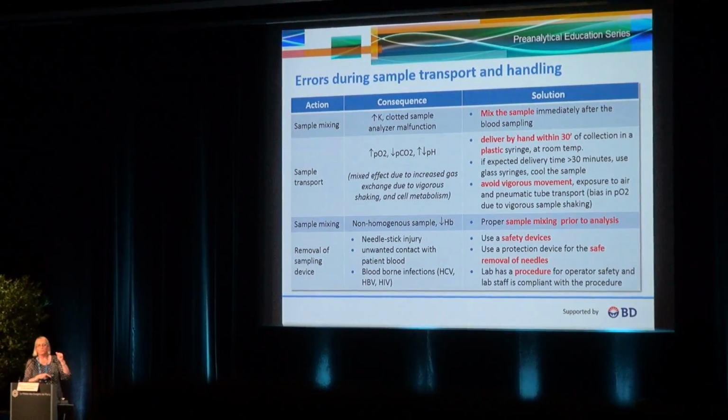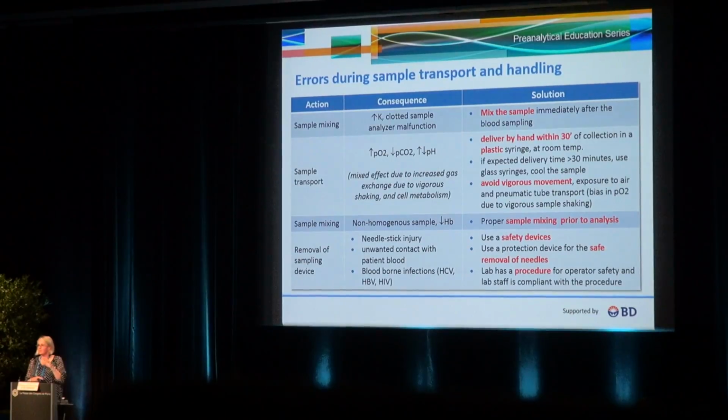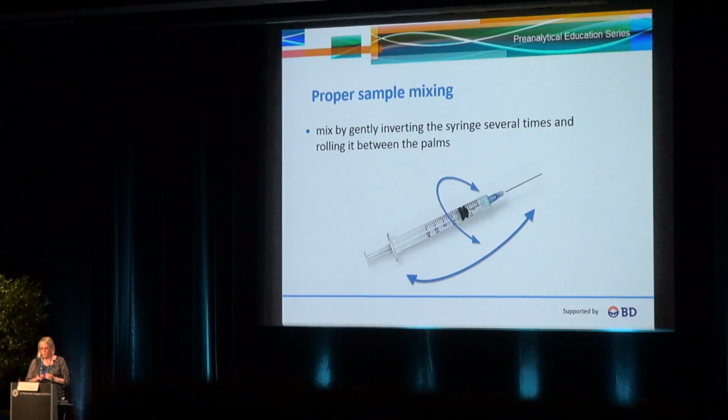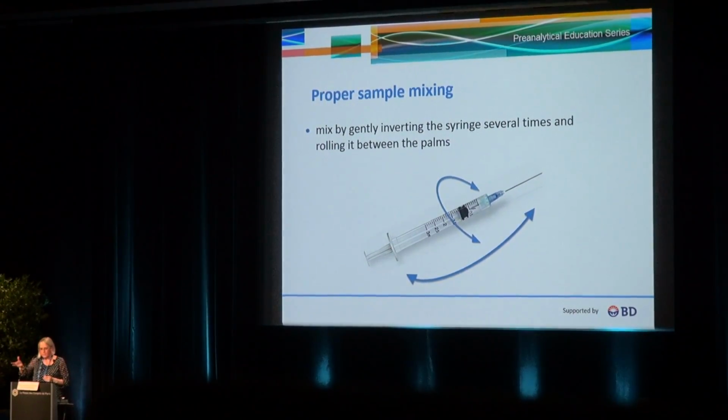First is to mix the sample immediately after the blood sampling. Of course, before that you need to inspect your sample for bubbles, and if any bubbles are present in the sample, then you should first expel the bubbles and then do the mixing. So mixing the sample is done properly, gently, so be gentle, and by inverting the syringe several times and then rolling between the palms.